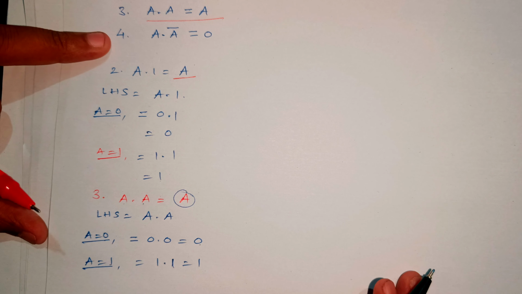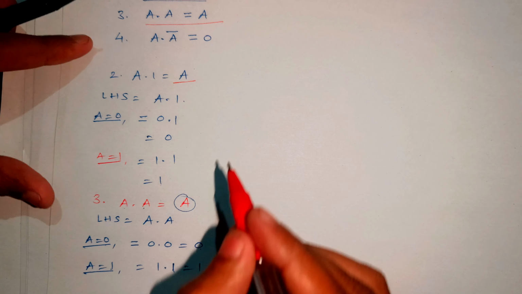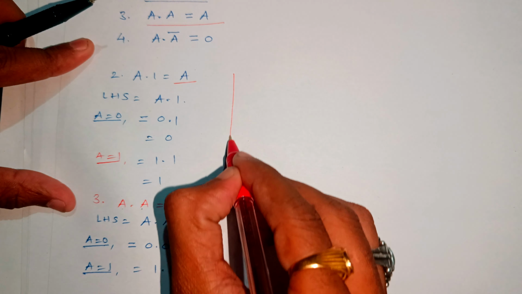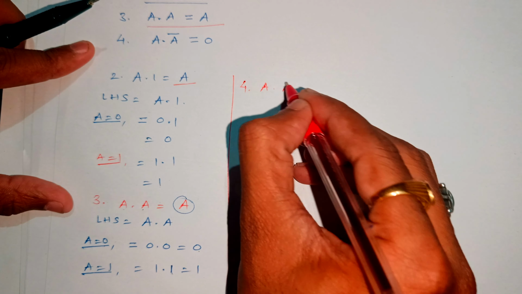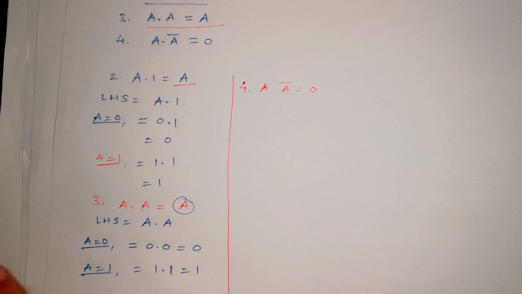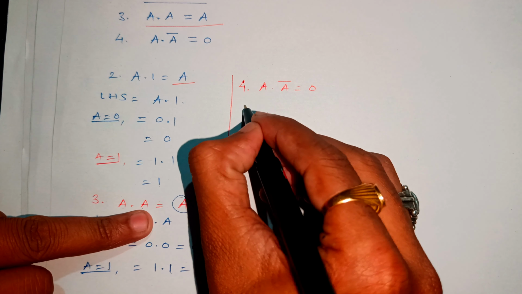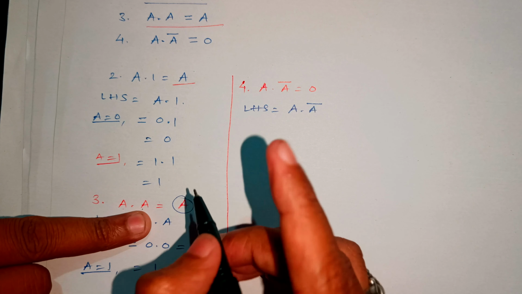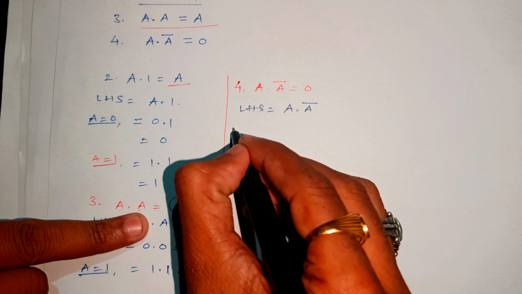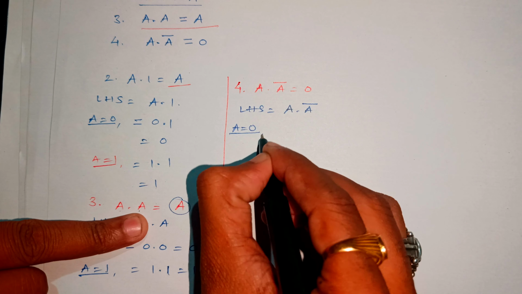Lastly, we will go for the fourth one. Here I will write, fourth, a into a bar is equal to 0. Let us take the LHS, which is a multiplied by a bar. Now we'll put the first value, a as 0.